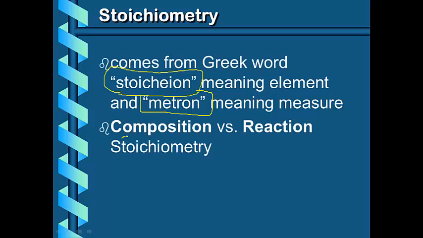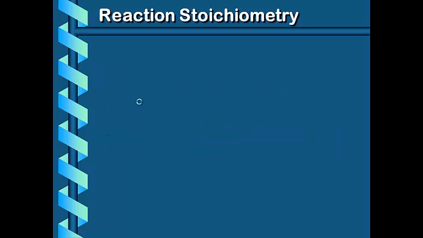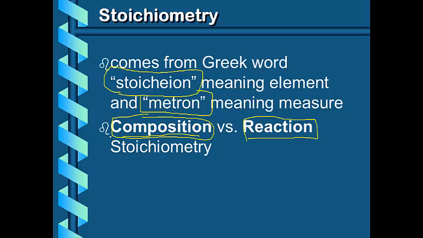Now, we will talk about compositional versus reactional stoichiometry, and we've done compositional stoichiometry. These are things like percent composition, when we found empirical and molecular formulas.